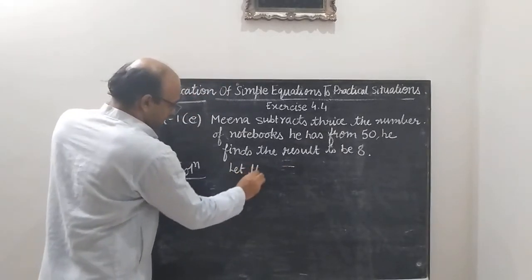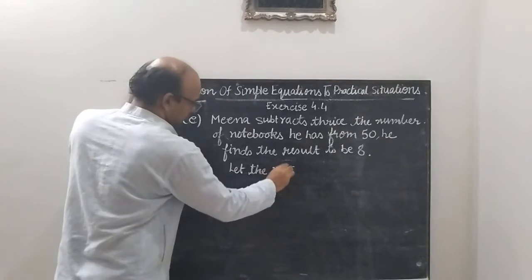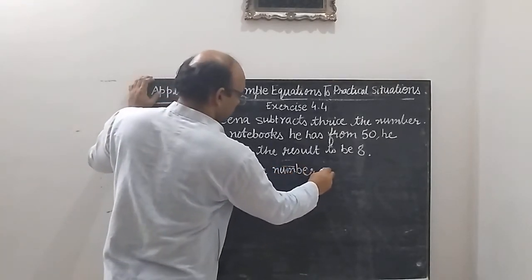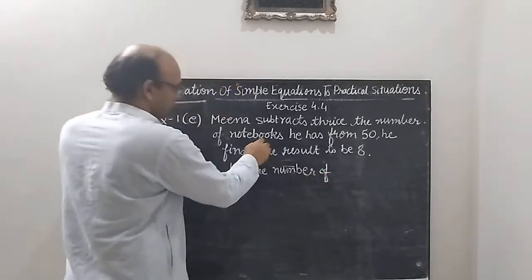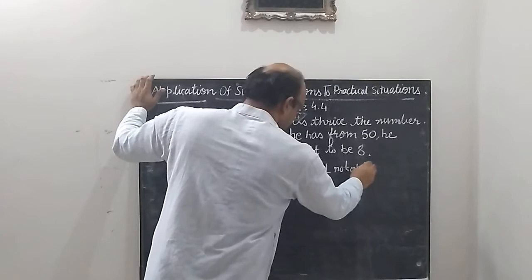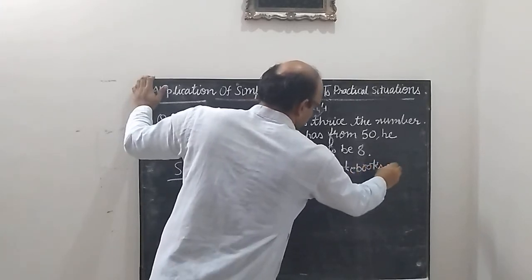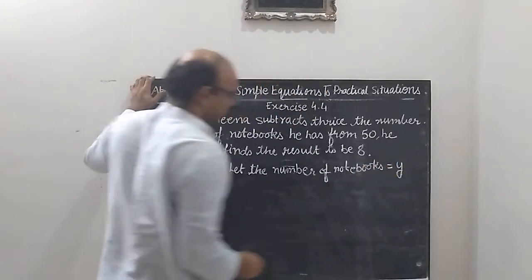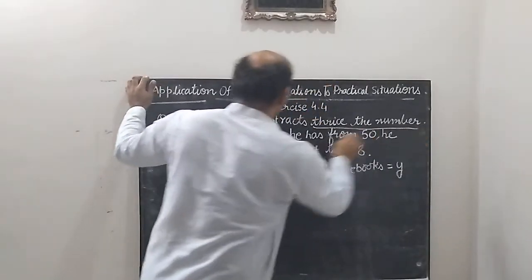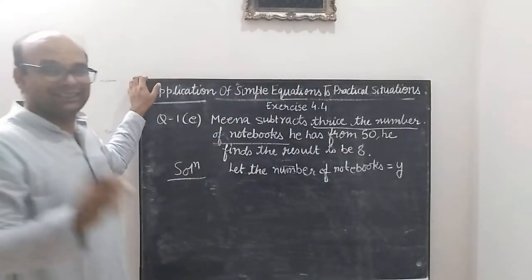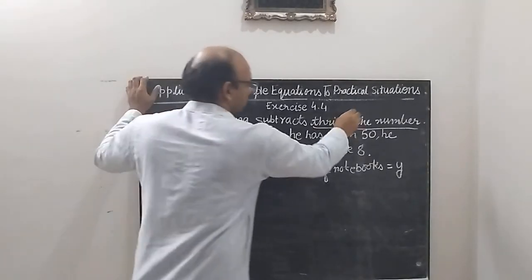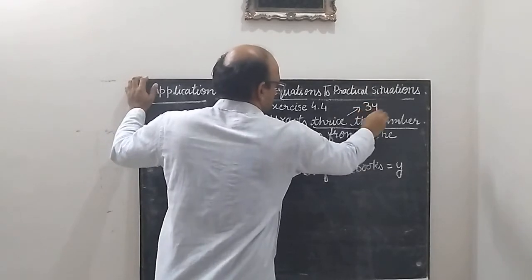Let the number of notebooks be equal to y. Now thrice the number of notebooks means we are talking about 3y.